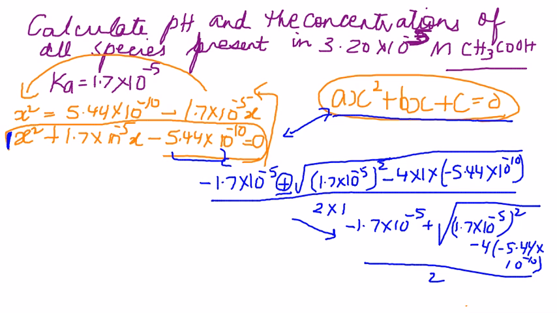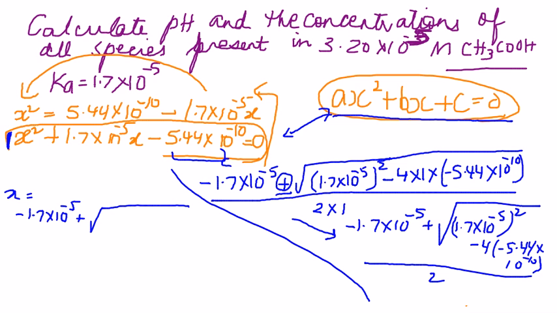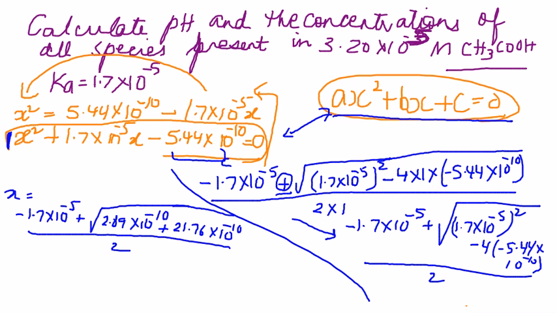So my equation becomes negative 1.7 times 10 to the negative 5 plus the square root of 1.7 squared, which will be 2.89 times 10 to the negative 10, plus 4 times 5.44, which is 21.76 on my calculator, times 10 to the negative 10, divided by 2.